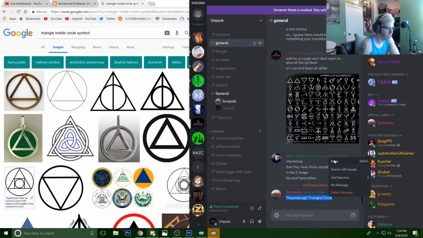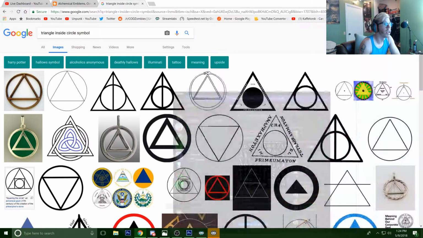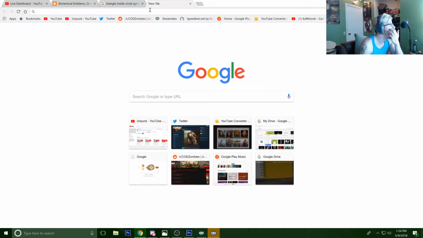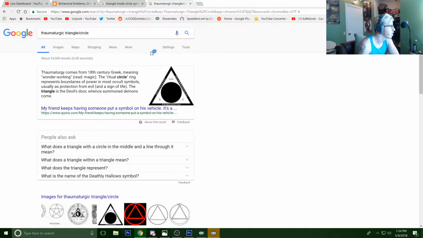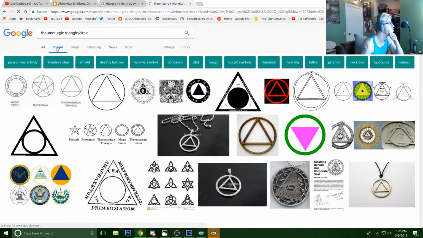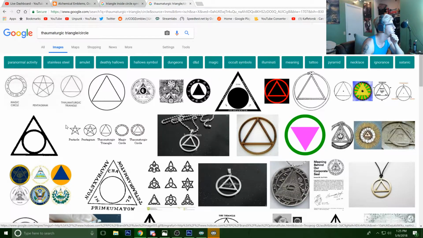What I put in Discord. Okay. The ritual circle ring represents the boundaries of power in most occult symbols, usually as protection from evil and sign of life. The triangle is the devil's door, whence summoned demons come, witches use the inscribed triangle to view magic.